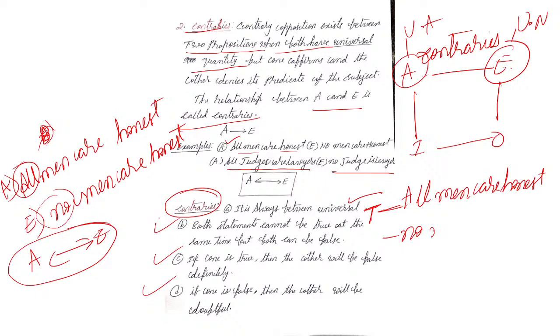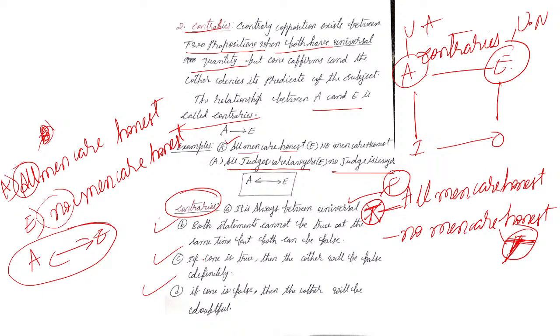No men are honest is false. Suppose no men are honest is true, then is all men are honest true? It will become false, right? We are saying no one is honest, then all men are honest will become false. That means both statements cannot be true at the same time.